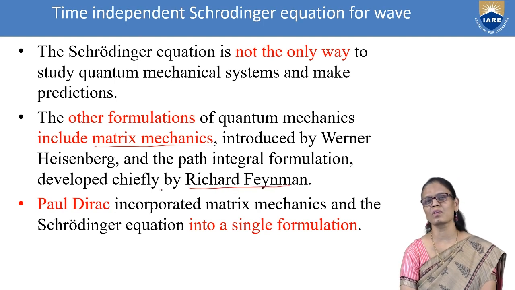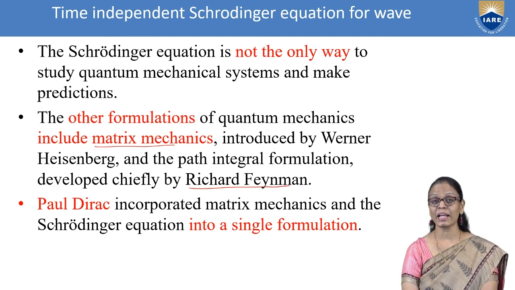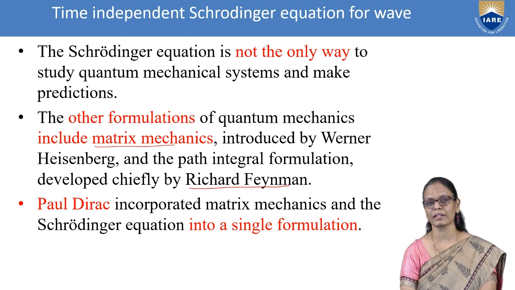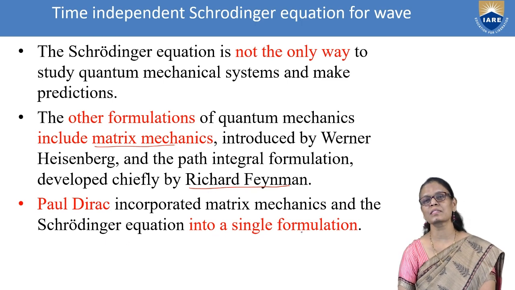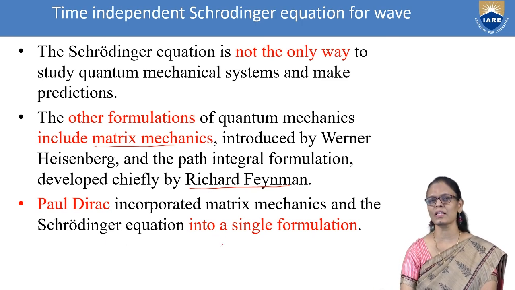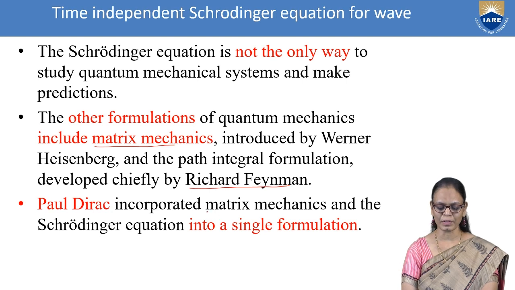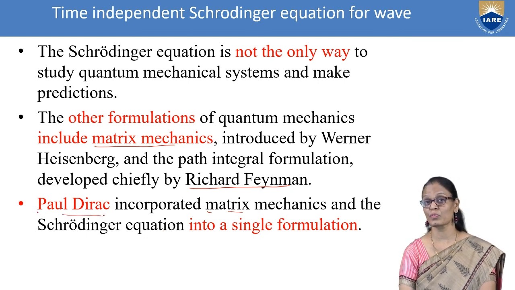These two scientists also contributed a lot in taking these equations forward. Then came another scientist, Paul Dirac, who incorporated matrix mechanics and the Schrodinger wave equation into a single formulation, without seeing them separately. He put both into a single one, the Pauli-Dirac formulation, which we'll be using in our later lectures.